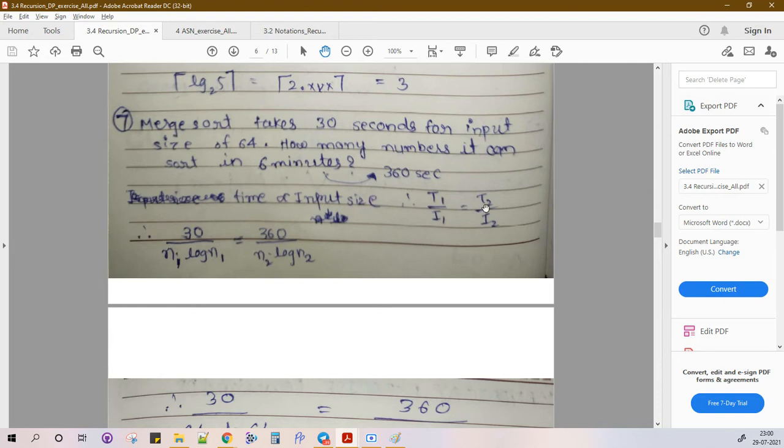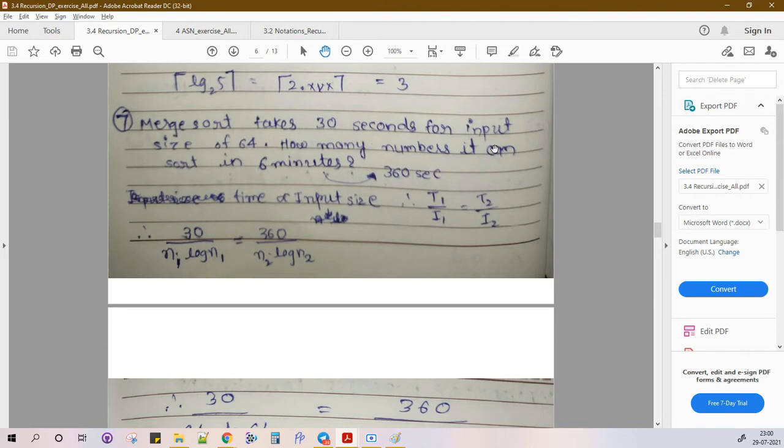So T1 upon I1 is nothing but T2 upon I2, input size, right? Given the input size, what would be my time complexity? It would be N1 log N1, and for the second case it is N2 log N2. It is the same merge sort algorithm. Now what they have given is, for 30 seconds it can process a size of 64, right? So for 30 seconds it is 64.